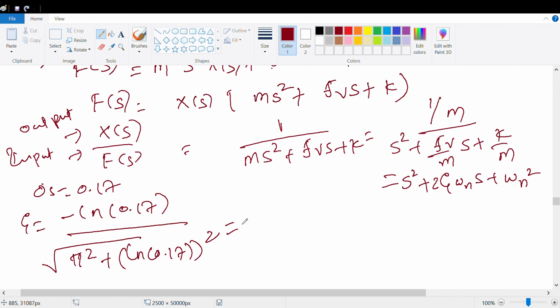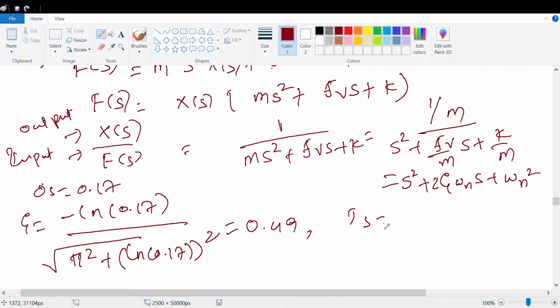Calculating this, we get 0.49, so zeta is 0.49.